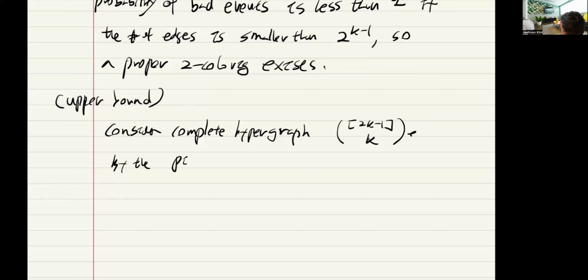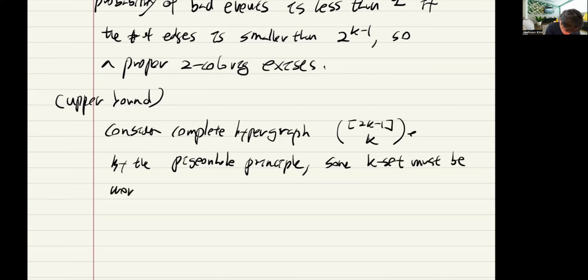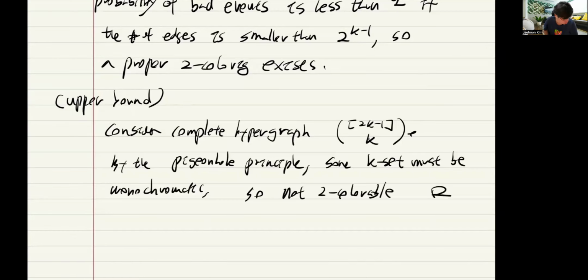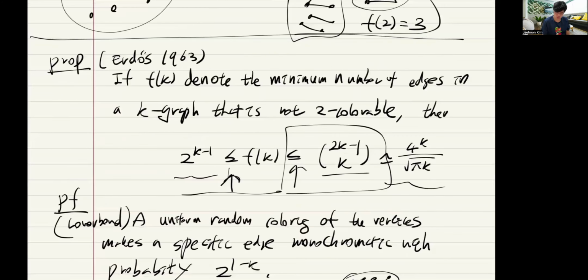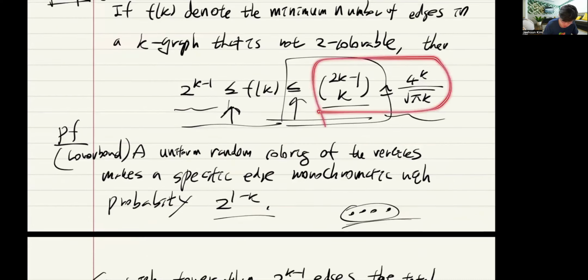By the pigeonhole principle, if you two-color it, some set of size k must be monochromatic. And this has (2k minus 1 choose k) edges. So this shows this inequality. And this approximation is by Stirling's formula.